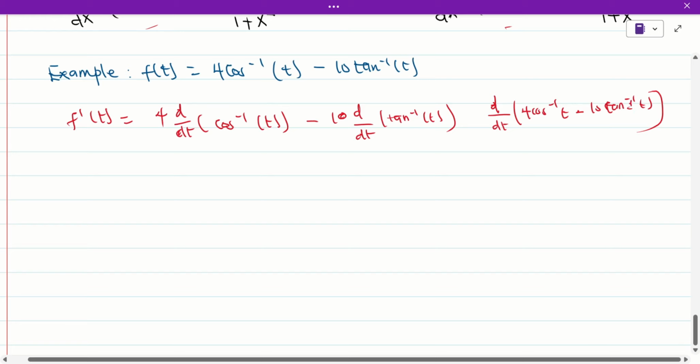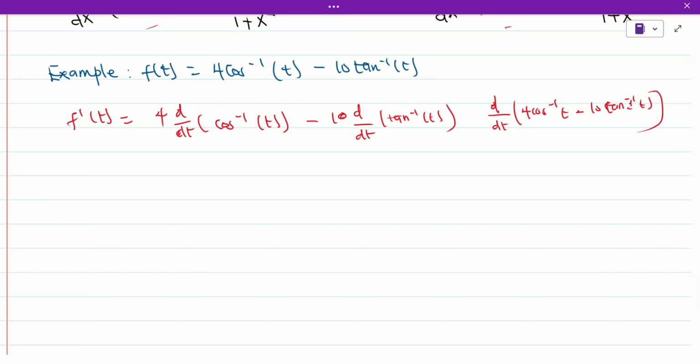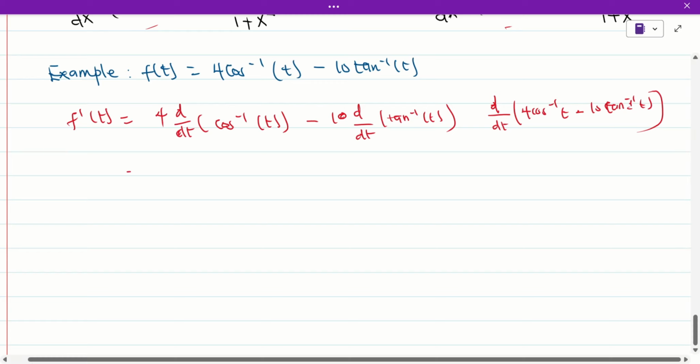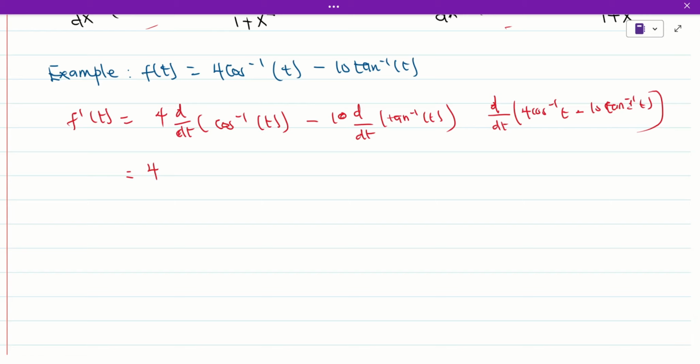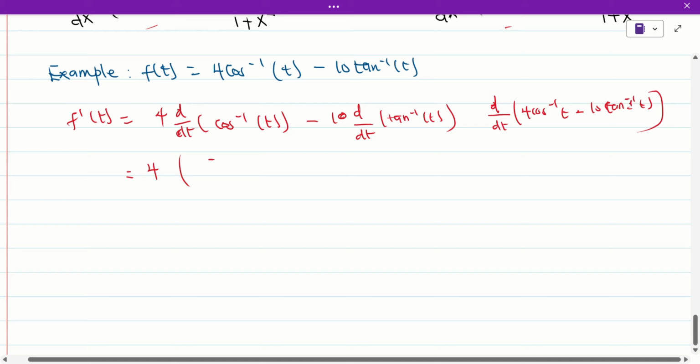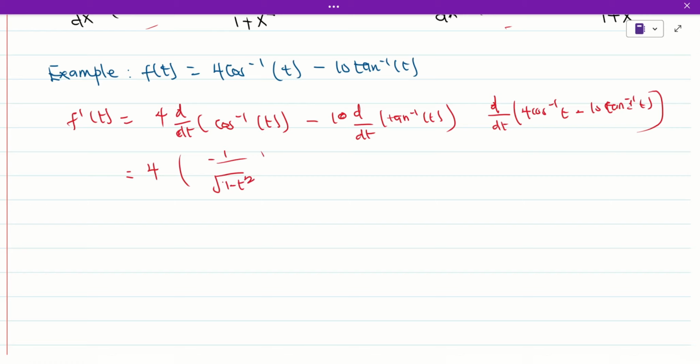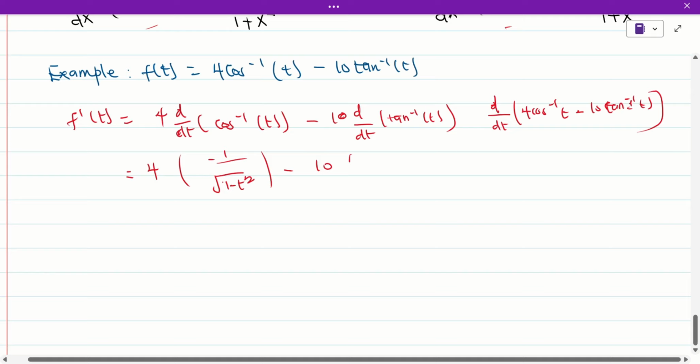Okay. Now our f prime of t is equal to 4 multiplying, when you find the derivative of cos inverse of t, you are going to get negative 1 over root of 1 minus t squared. Don't forget, here we are using t, not x. Okay. Minus 10. When you find the derivative of tan inverse of t, you are going to get 1 over 1 plus t squared.